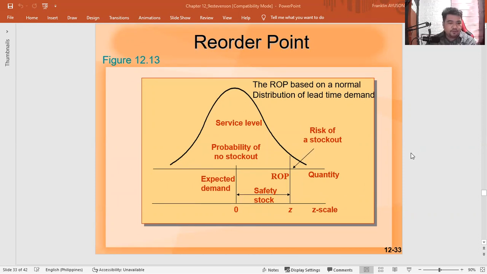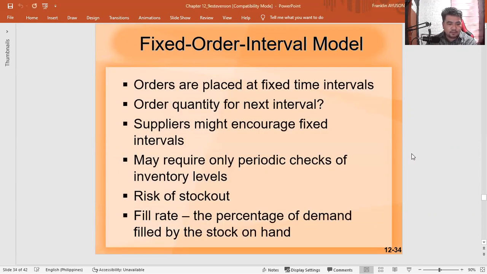Okay? So moving forward, okay, fixed order interval model. Okay, so this time, orders are placed at fixed time interval. So posible po yan. Magkaroon tayo ng fixed order. Okay, order quantity for the next interval is determined. Supplier might encourage fixed interval also because syempre hindi sila naghahabol sa ating mga supply, sa kanilang ipoproduce para sa order natin.